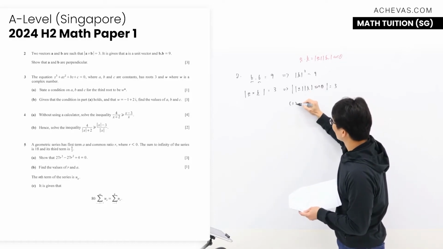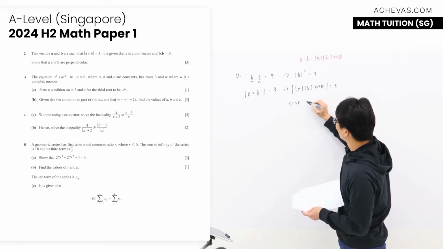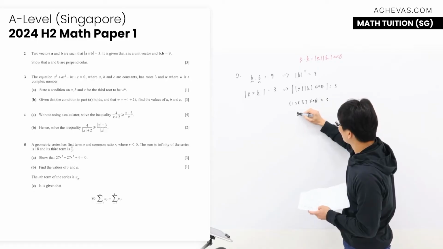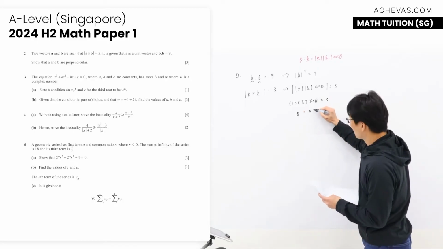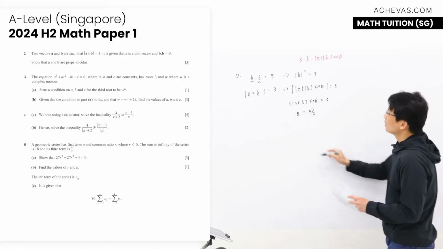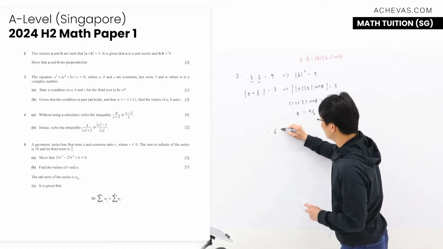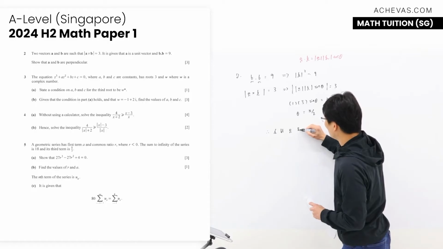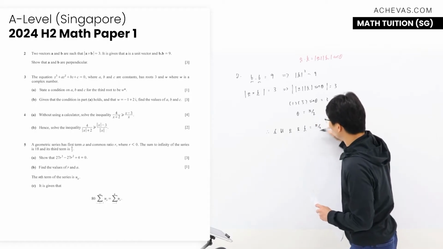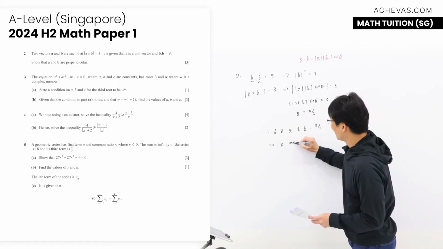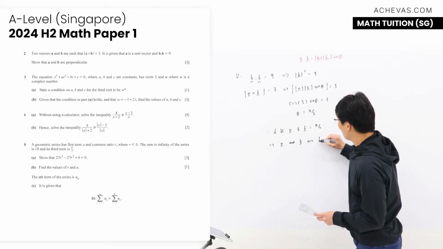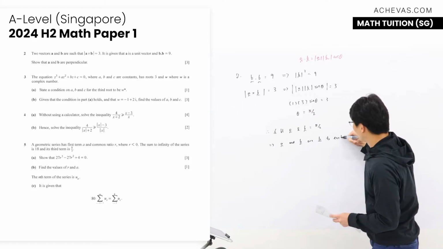I will just do a subbing of values: modulus a equal to 1, modulus of b equal to 3, sine theta equal to 1. And from here, I can solve that theta equal to pi over 2. Therefore, the angle between a and b equal to pi over 2. This simply implies that a and b are perpendicular to each other.